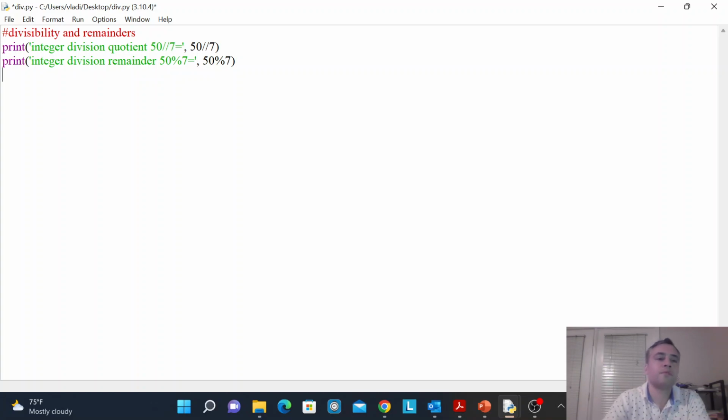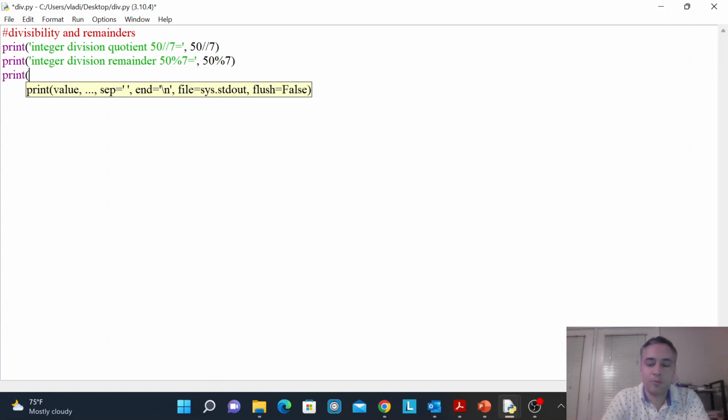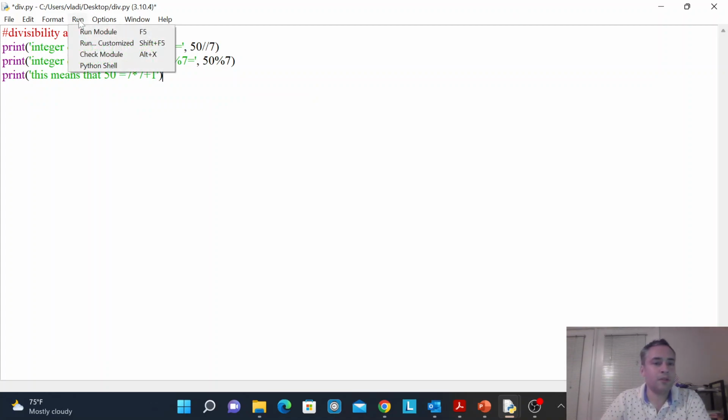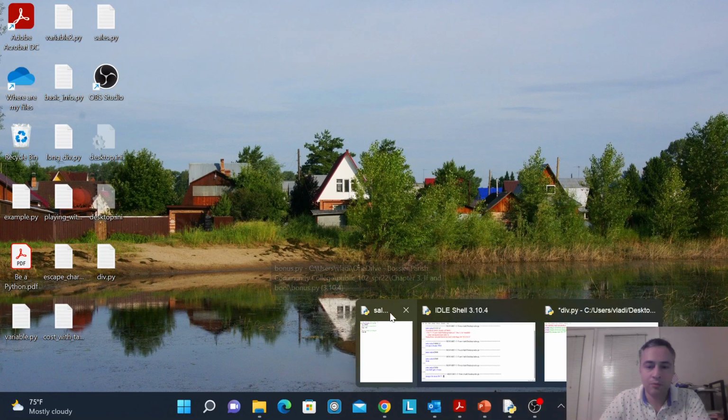So just to finish with this example real quick, I will print this. It means that 50 is equal to 7 times 7, which is 49, plus 1, and 1 is the remainder. The quotient is 7, and the divisor was 7 in this particular case. Let me close everything we don't need.